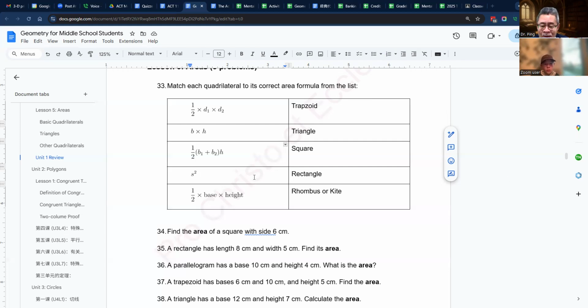Trapezoid, yeah. Last one, half times base times height.